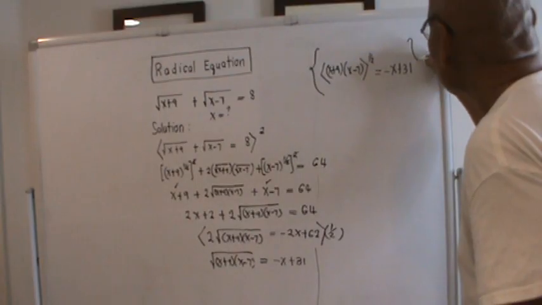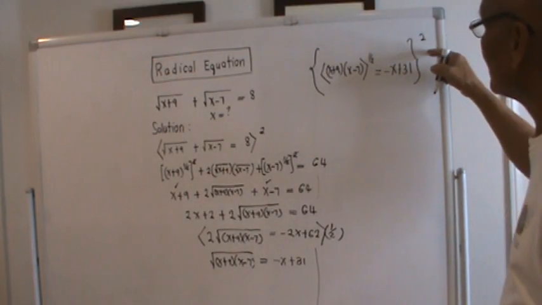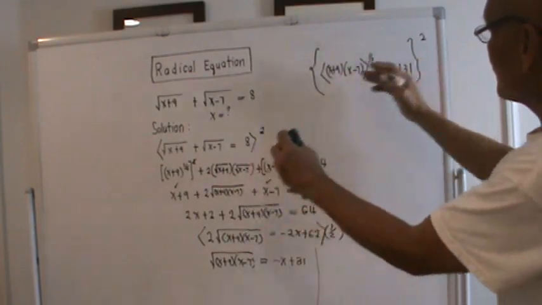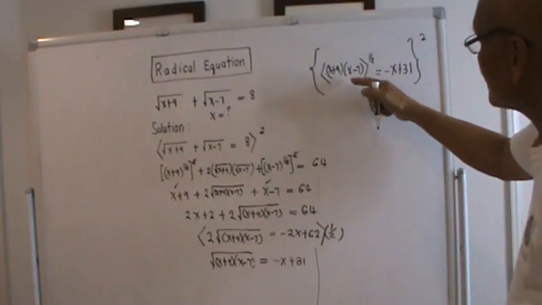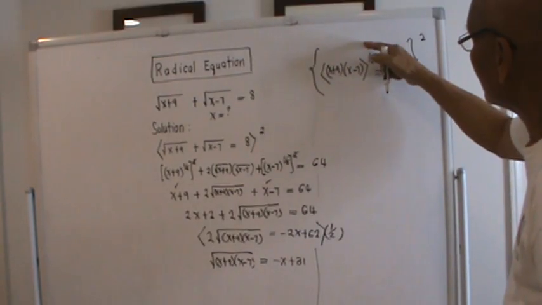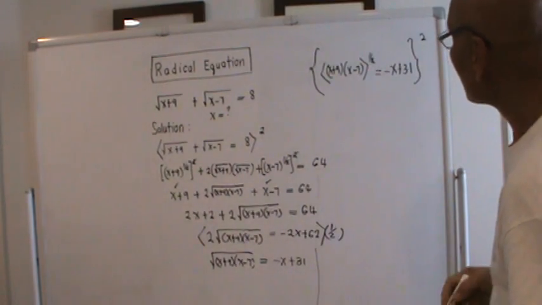We raise this total equation to the second power. If we expand the product of x plus 9 times x minus 7 raised to the 1/2, again raised to the second power, these two will disappear.